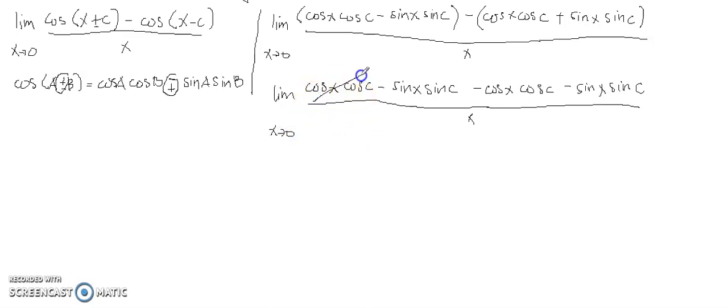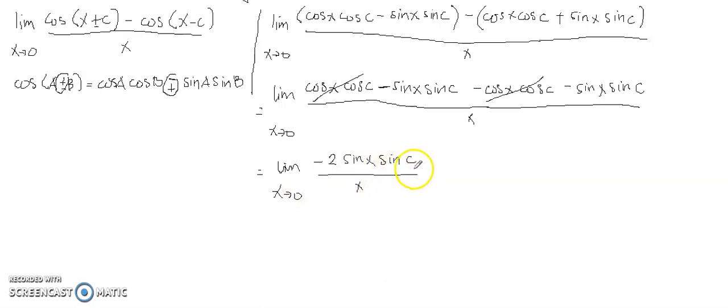So, ito, cancel dito. Okay? Kasi plus yun, and then ito, minus. Next is, we have two negative. So, limit equal to limit of negative 2 sine x times sine c all over x as x approaches to 0.